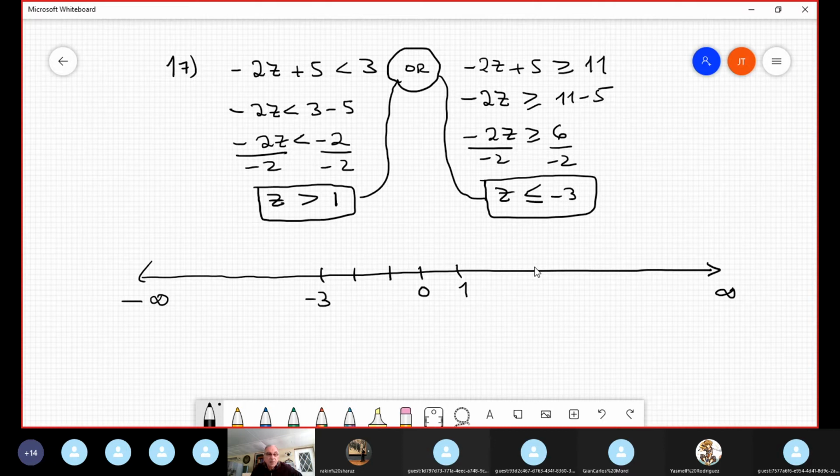The first interval, I always use blue color. Is greater than, in that direction. Parentheses, highlight that part. Negative 3 is less than. Less than is to the left. Include negative 3, bracket to the left. Okay, this is the representation.